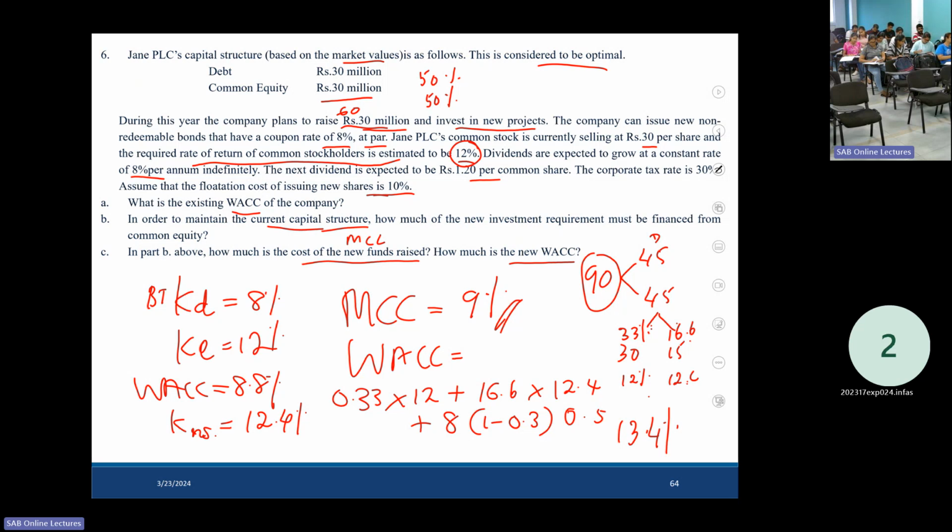This project's IRR should be compared with this 9% weighted average cost of capital, other than the 13%.